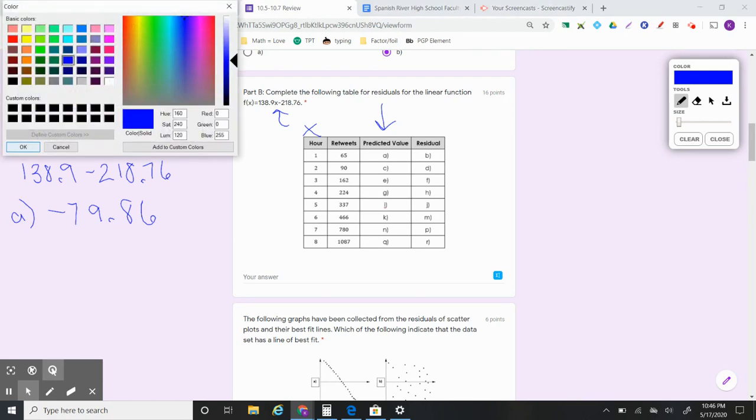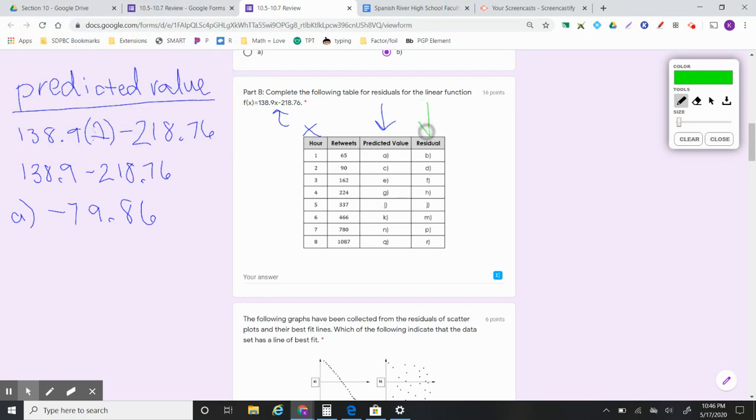And then to find my residuals, my B value, I'm trying to see how far away the predicted value is from the original actual y value. So I have to do the number I just found, negative 79.86, and subtract it from this original 65.